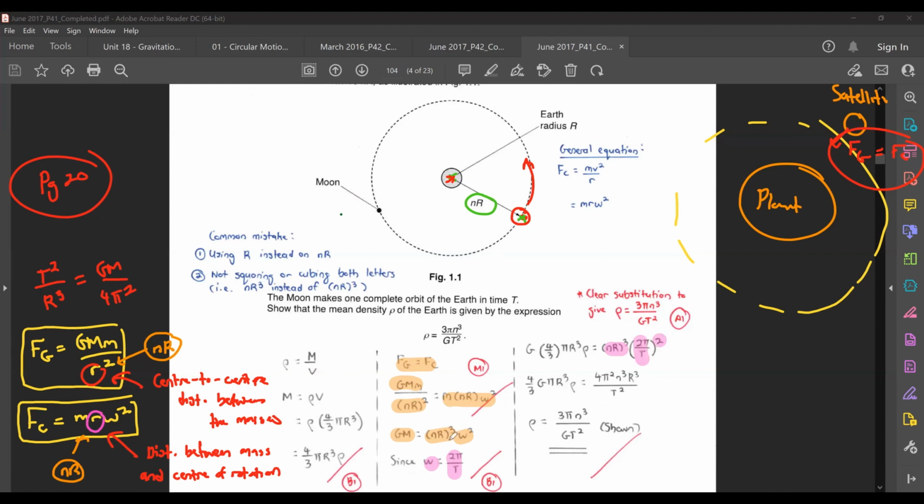Now on the left hand side, you need to sub out something, because in your current equation, you notice that you actually have an expression for density inside. This original form does not have density. You need to change out something so that you have an expression for density. The hint would come from the fact that you don't see a big M inside.